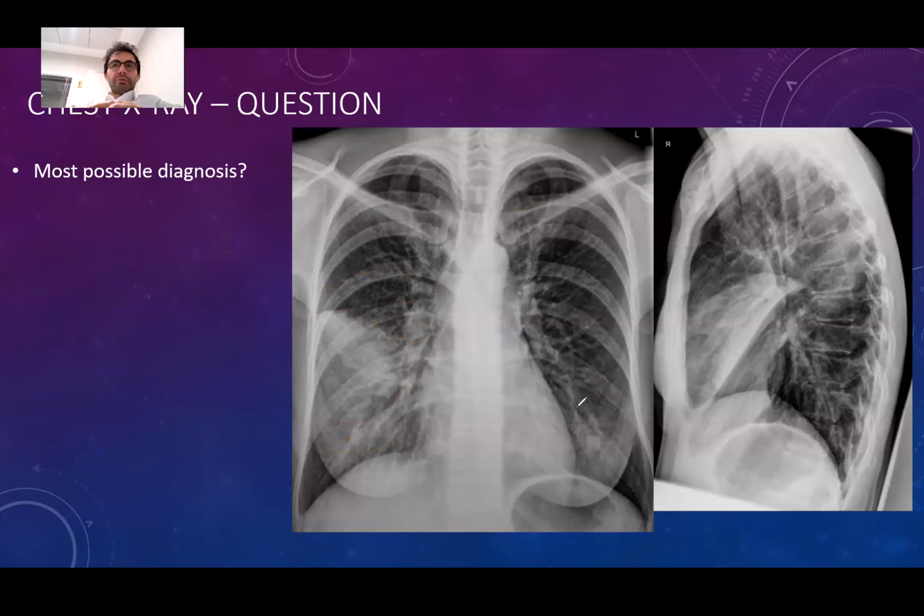So what could be your primary diagnosis for this type of patient? Pneumonia, right? Typically, we should consider pneumonia. Can this be pulmonary embolism on the right middle main artery, blocking the view, causing pulmonary infarct?